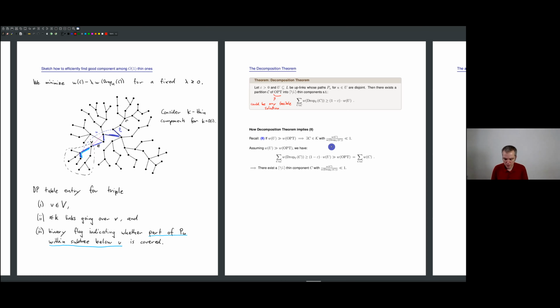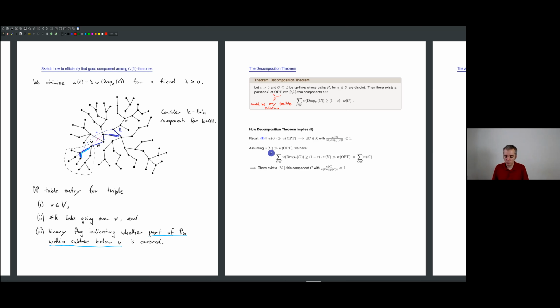So let's assume that's the case, that the uplinks we have are expensive compared to opt. At the beginning we can assume that's true because we started at a 2 approximation. And we can assume it's essentially a 2 approximation, because if at the start you're already better than 2, then we already improved the factor 2. So let's assume that at the beginning we're really twice opt in terms of weight.